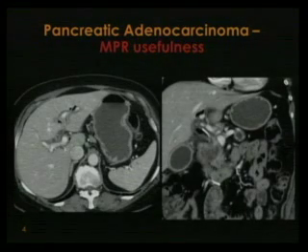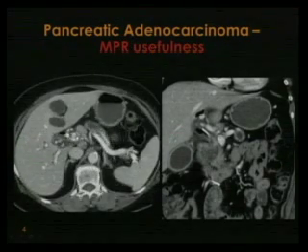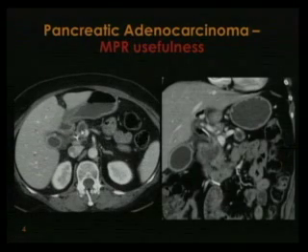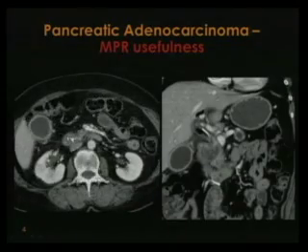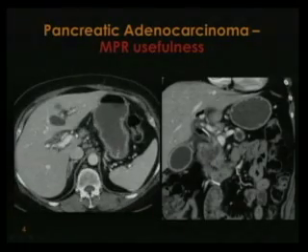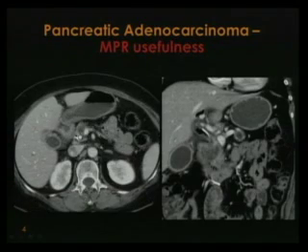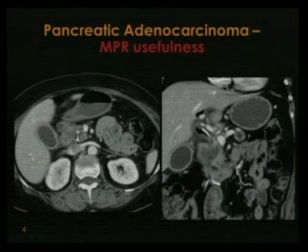In this case, we can see how the tumor is distending the intrahepatic biliary system. We have a stent in this patient. We have also the pancreatic duct dilated, and we have the proximal pancreatic tumor. The tumor is well differentiated from the normal pancreas in the coronal view, like in this case.